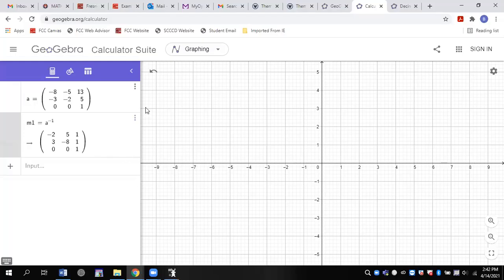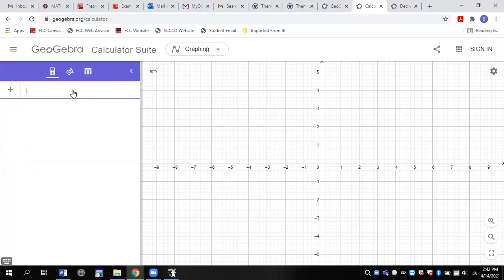On Geogebra. So let me delete this and delete this. All right, so we go A equals. In Geogebra you got to use the curly brackets. Curly brackets, so negative 6, comma 2, comma 9. And then go to the next one. 2, 2, 2.